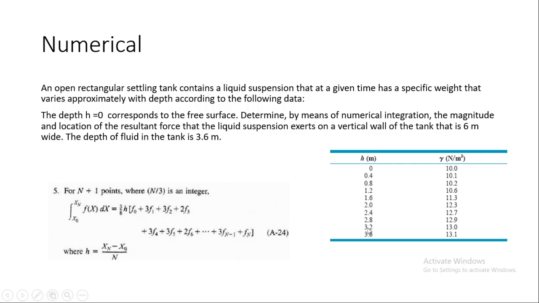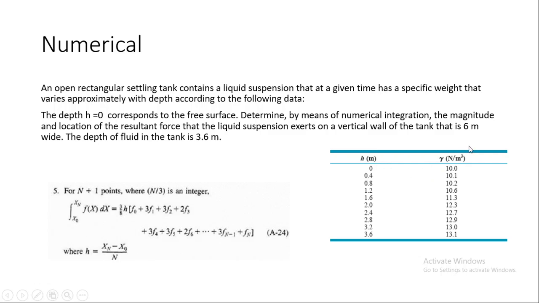N plus 1 is 10, and n divided by 3 is applicable for this case, and we have to reduce in this formula, in which x is h and f is definitely the specific weight as a function of height.